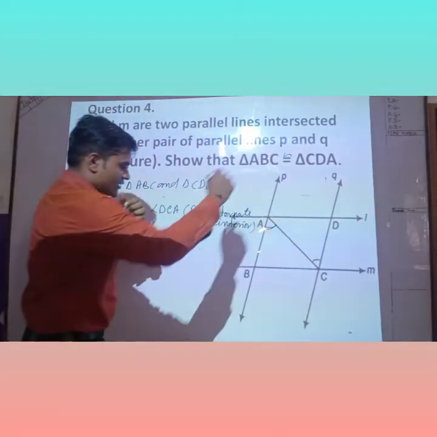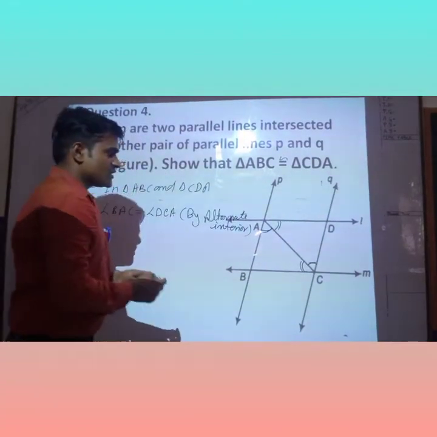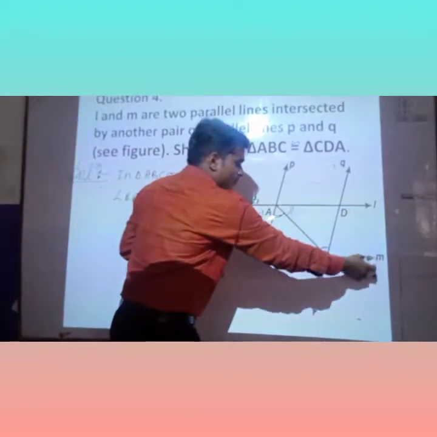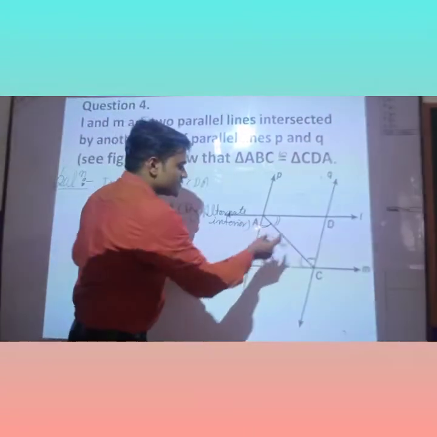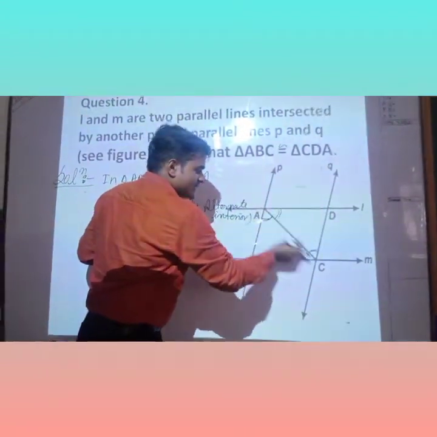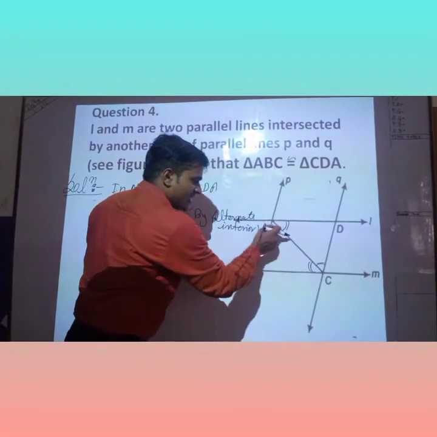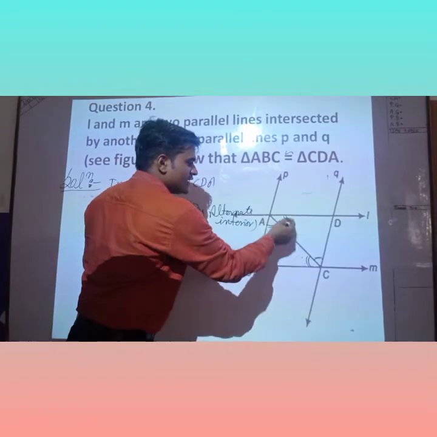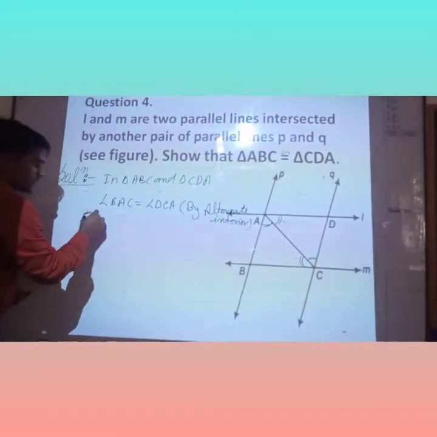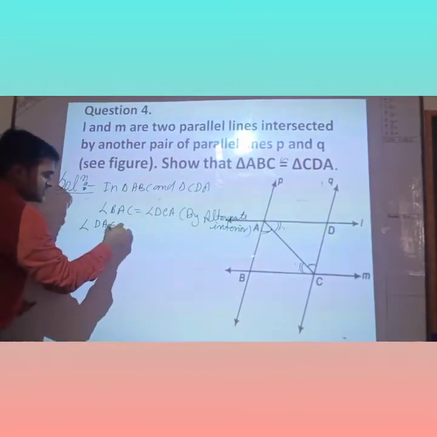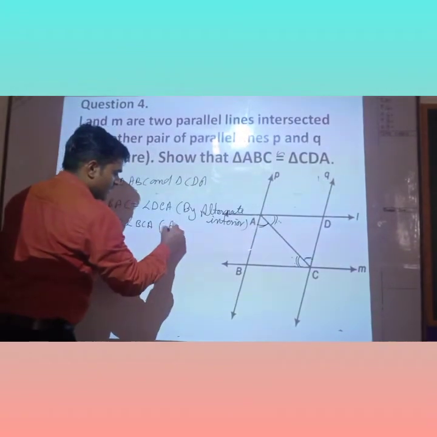Now here this angle will be equal to this. Yes, since L and M are parallel, AC is transversal for that also. So angle DAC is equal to angle BCA, that is also alternate interior angle.